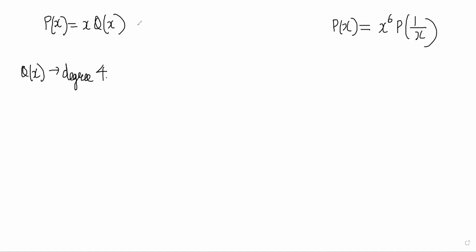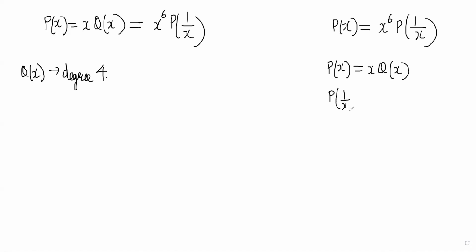So basically this is equal to x power 6 p of 1 by x, and I will use the fact that p of x is equal to x times q of x. So p of 1 by x is equal to 1 by x times q of 1 by x, right?